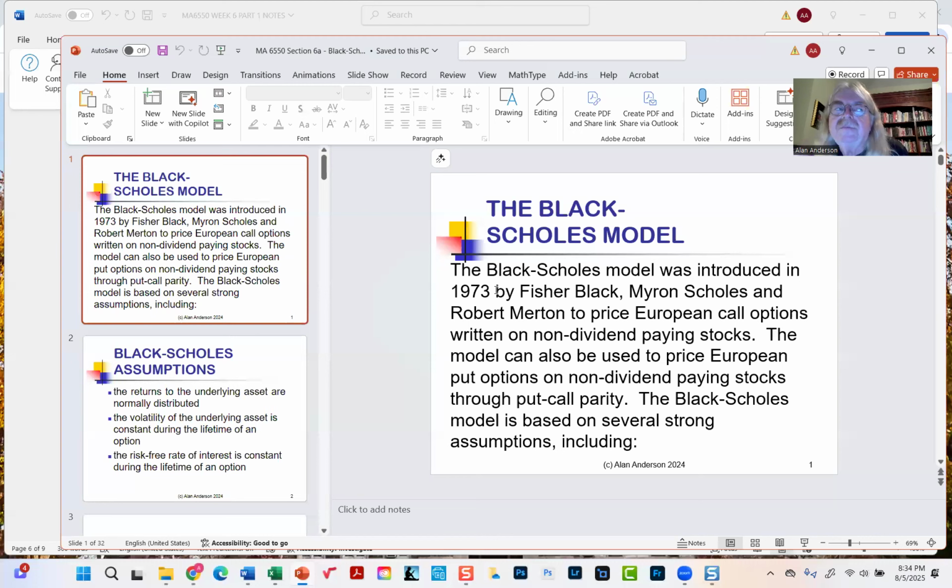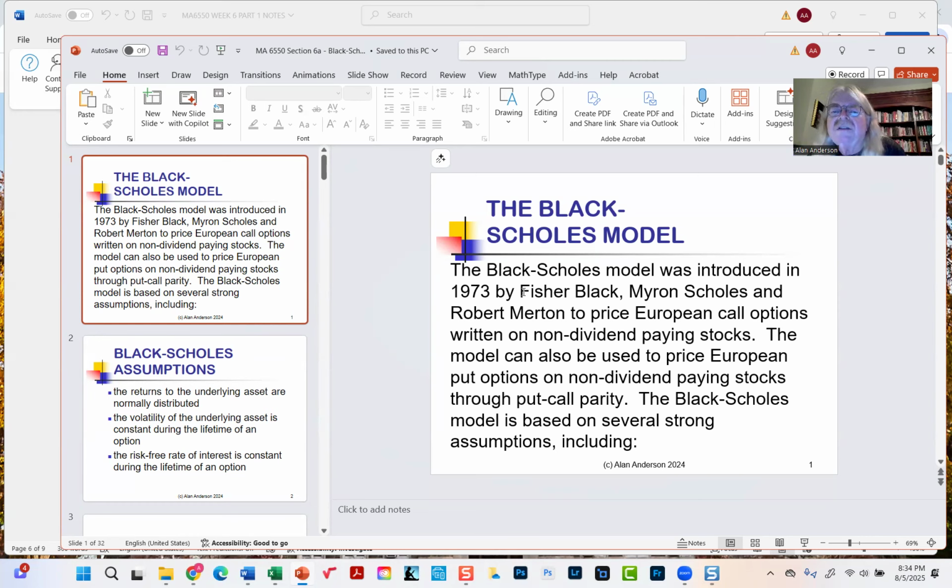Fisher Black was at MIT, Myron Scholes was at Stanford, and Robert Merton was at Harvard. They get paid mountains of money to teach one MBA class a semester and do buckets of research. And so they're working on this paper.